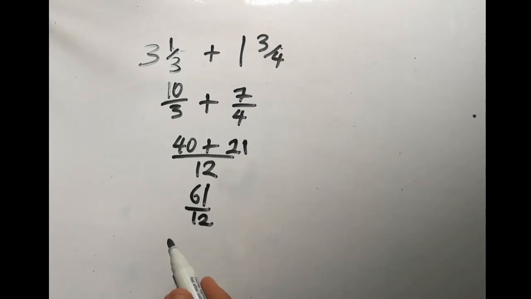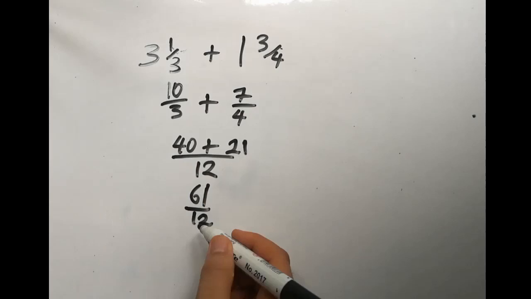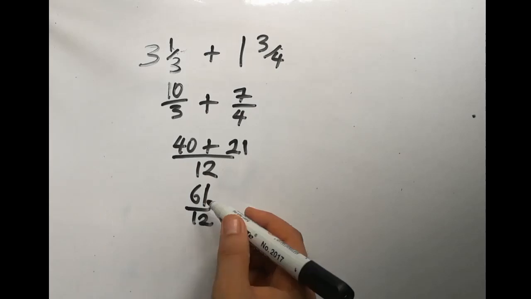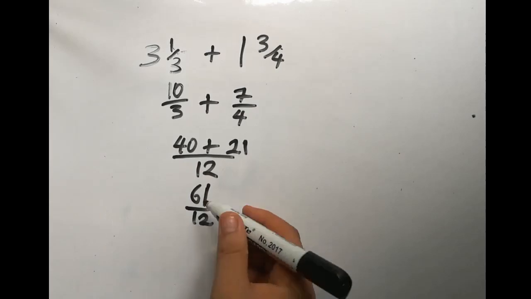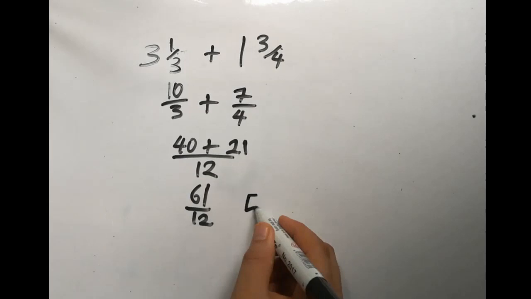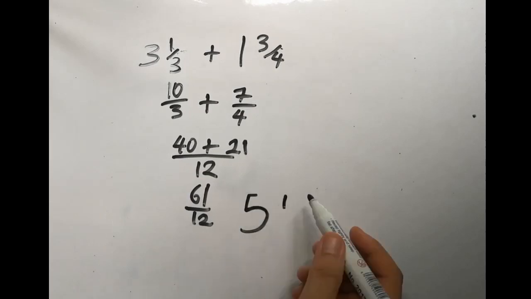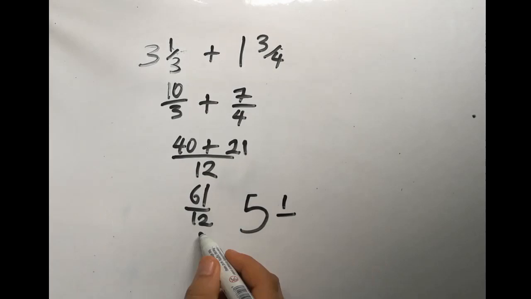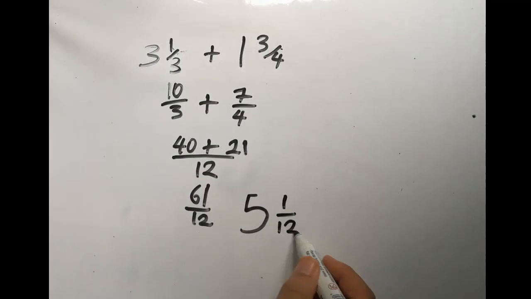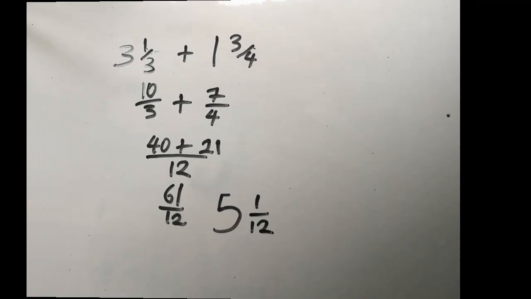We can now reconvert our answer to a mixed fraction. 12 into 61 will give us 5 because 12 times 5 is 60. So you have your 5 whole number. It remains 1. So the 1 becomes the new numerator over the 12, which will remain constant as the denominator. So this is how to add a mixed fraction.